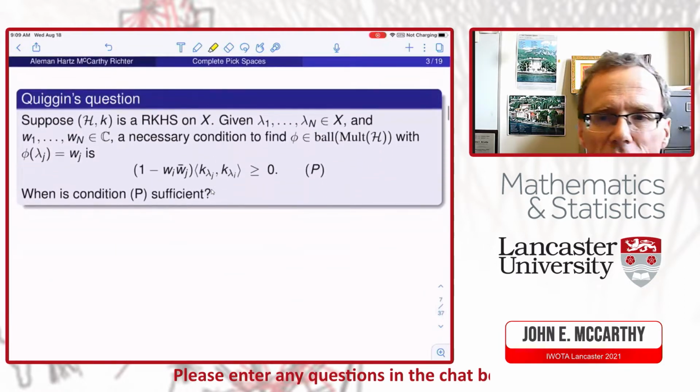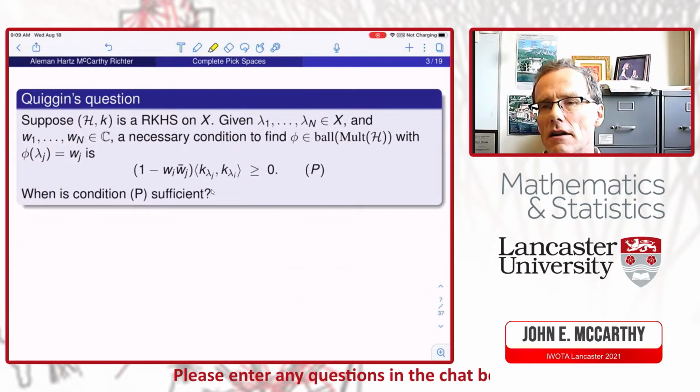So that now allows us, since we have a reproducing kernel interpretation of Pick's theorem, to make sense of Quiggin's original question. So now we can express it formally. Suppose that H_K is a reproducing kernel Hilbert space on some set X, and you're given n points, lambda 1 through lambda n in X, and then you're given n complex numbers.